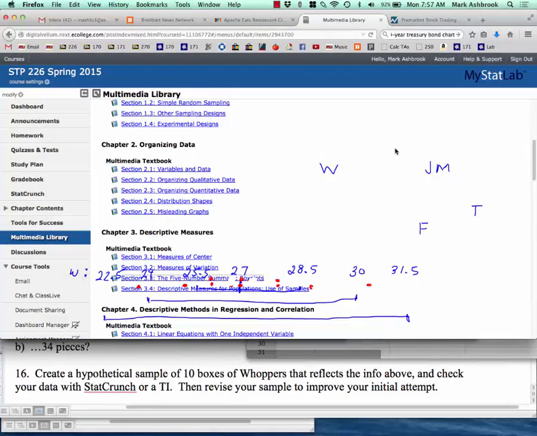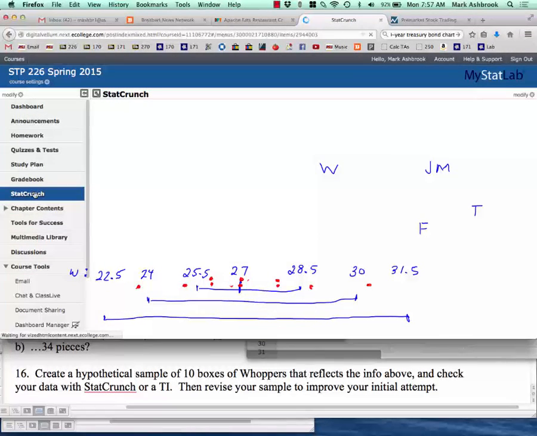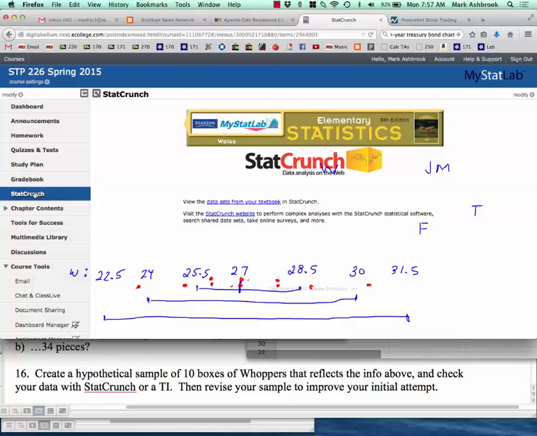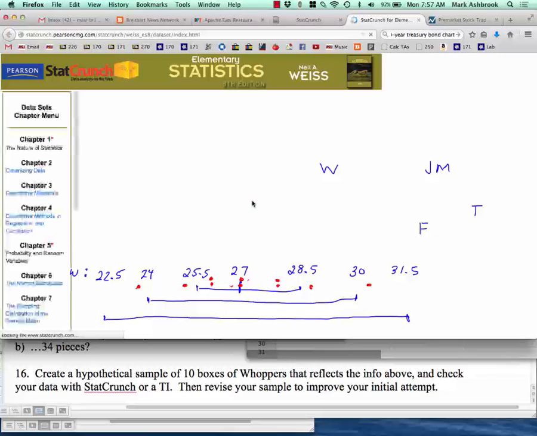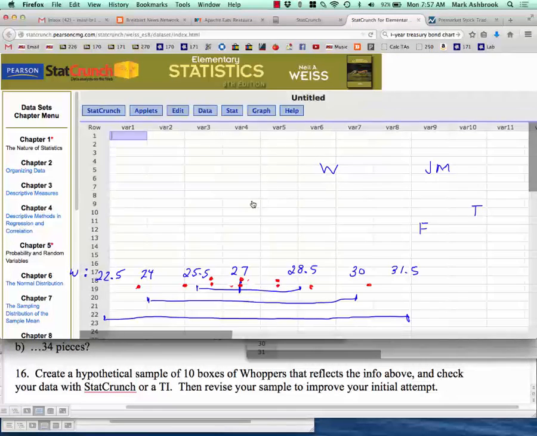Where can I get StatLab here? There we go.